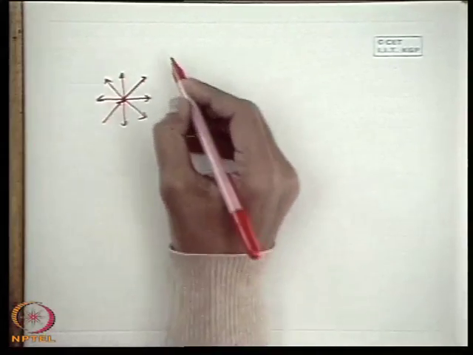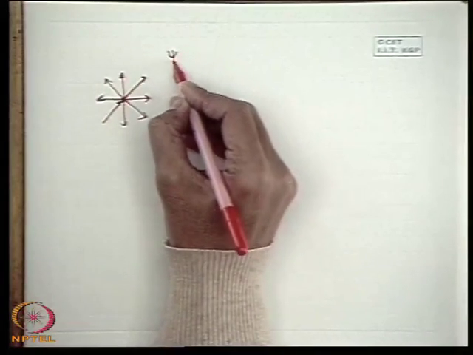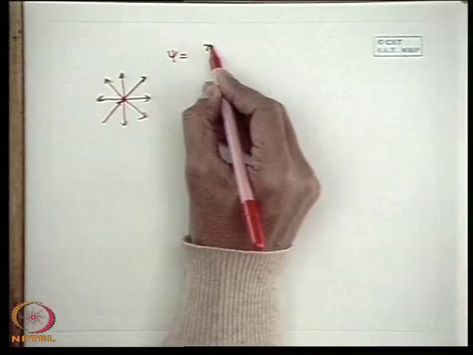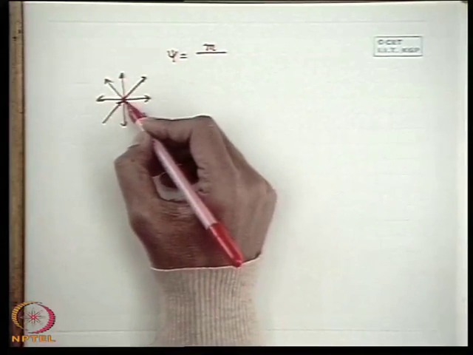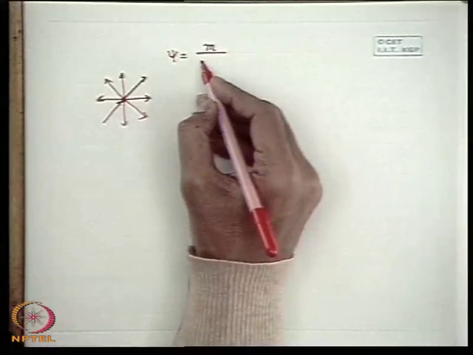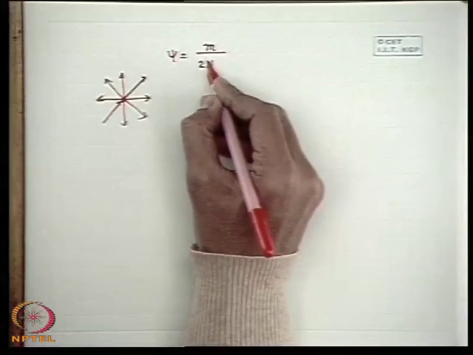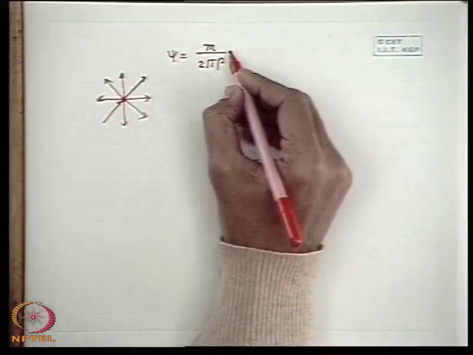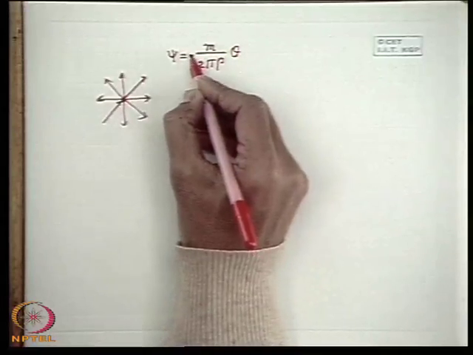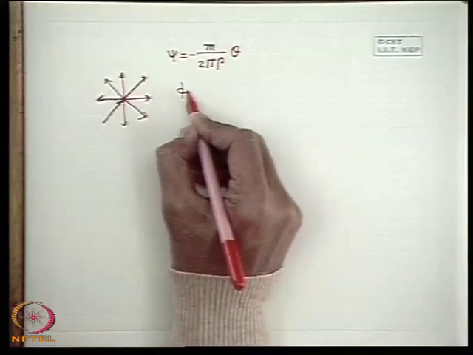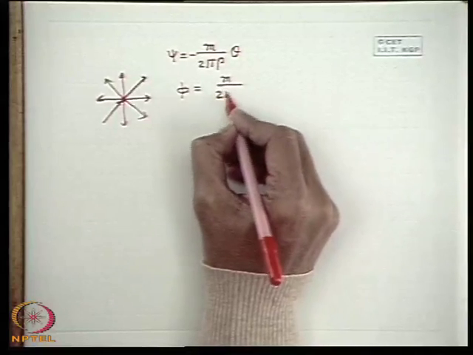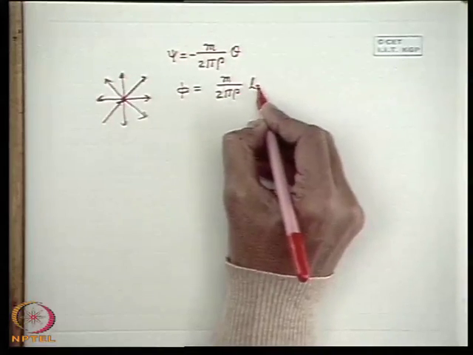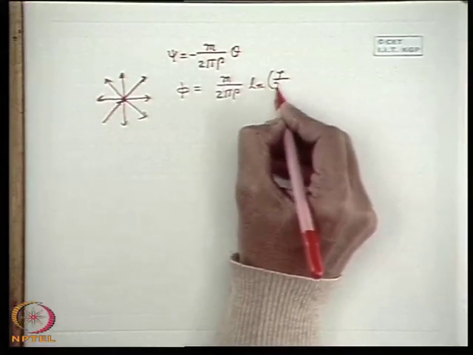In this kind of flow, we derived earlier that the stream function was given by minus m by twice pi rho into theta, where m is the strength of the source, the total mass flow rate coming out from the source. The velocity potential function was recognized as m by twice pi rho ln r by r0.